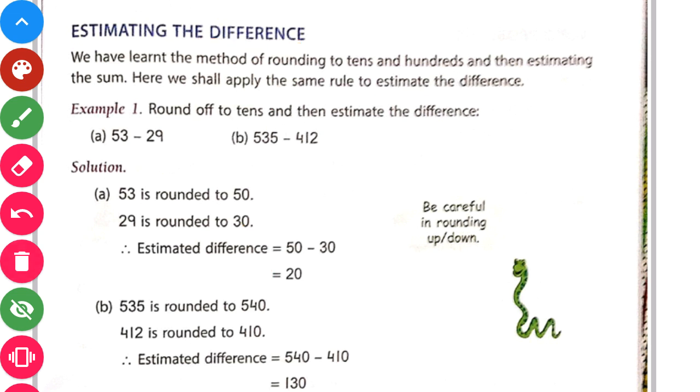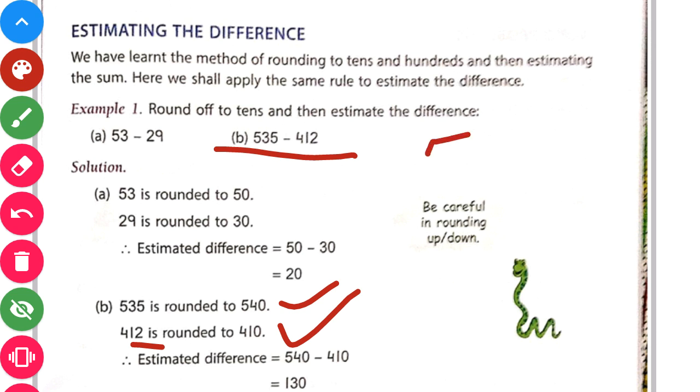Now, moving toward part B. Part B says 535 minus 412. So 535 is rounded to 540, and 412: at the ones place 2 is there, and as 2 is smaller than 5, so 2 will become 0 and 412 will become 410.